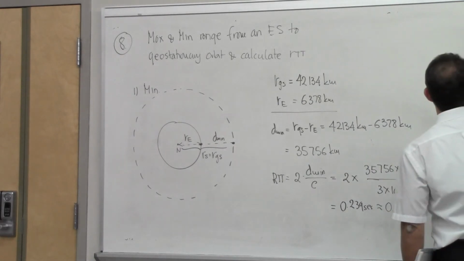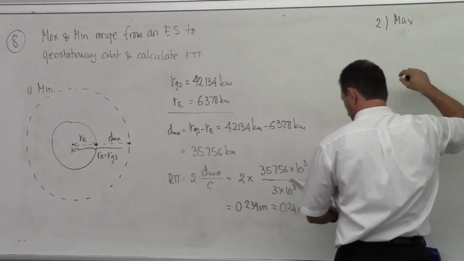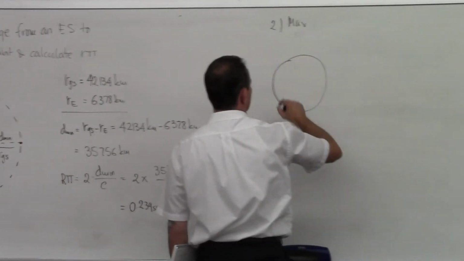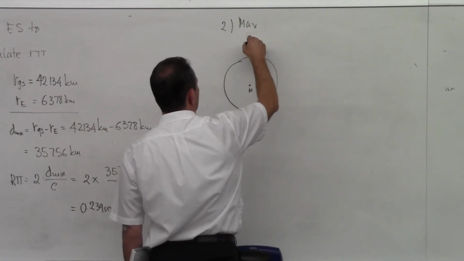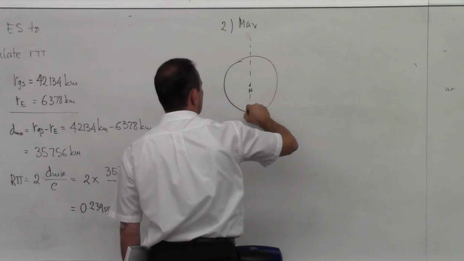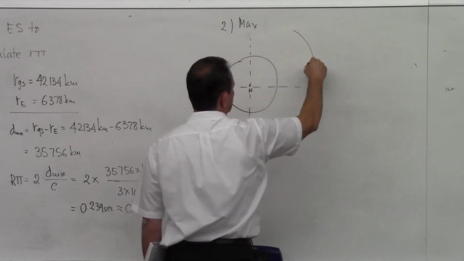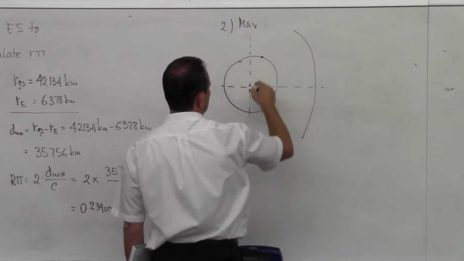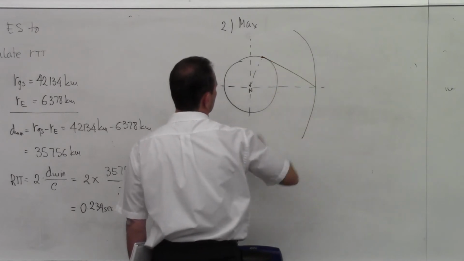Now, the next thing is, let's calculate the maximum. Again, the picture from above, this is north. You are again here in a geostationary orbit, but you are talking to the Earth station that is somewhere here.